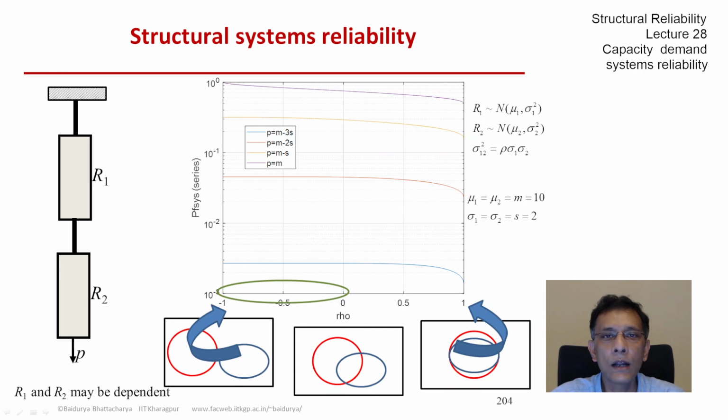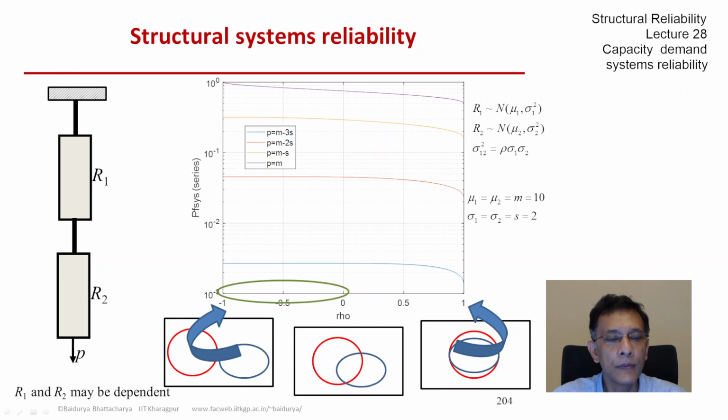So if R1 and R2 are member strengths, and these members are supposed to behave the same way, we are talking about the same mode of failure, tensile failure, and they are presumably made of the same material, coming out of the same batch, may have been fabricated in the same facility.